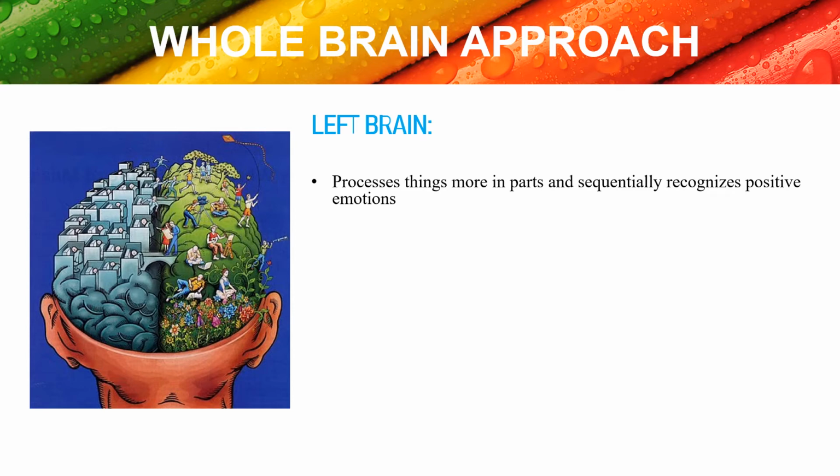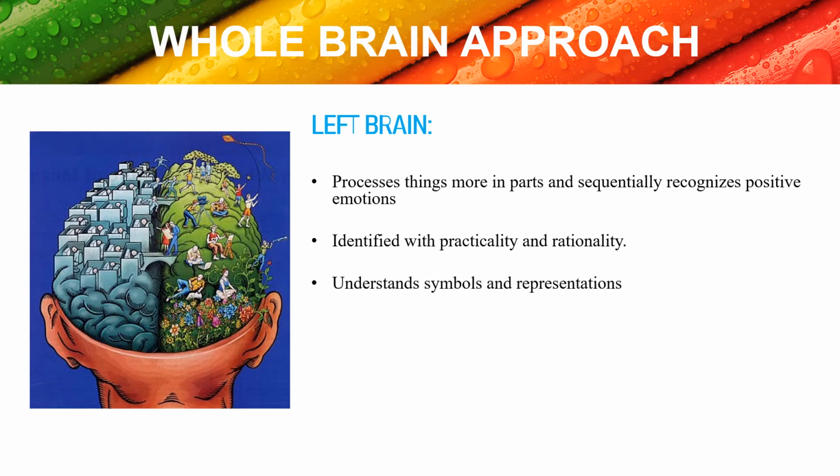It recognizes all the positive energy associated with the work. Also, it identifies everything with practicality and rationality. With a lot of logic, it processes all the logical things related to any work. It understands symbols and representation very well.